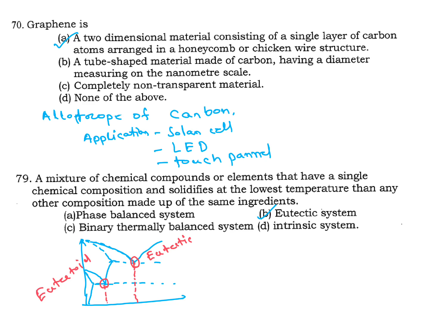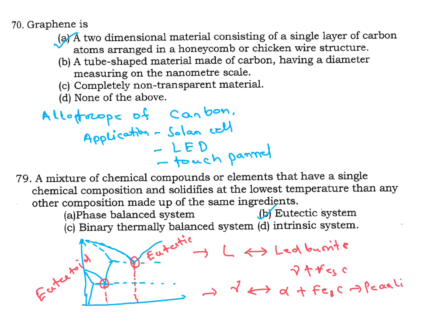In the eutectic, liquid is converted to austenite plus Fe3C. But in the eutectoid, austenite is converted to ferrite plus cementite, that is called pearlite. Here it is called ledeburite in the eutectic system. Both are important for all examinations.